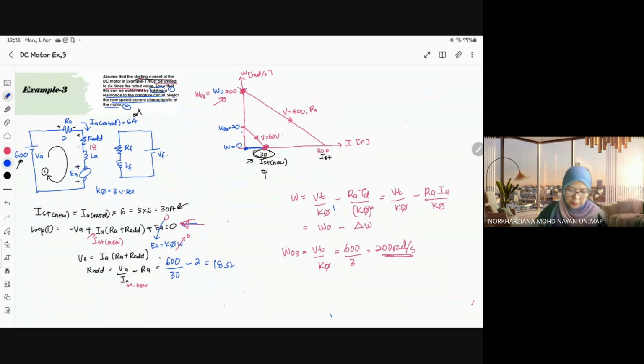So your new slope is this one, with the same VA but with RA plus RX. So there are two conditions here. Sketch the new speed current characteristic of the motor. The answer is actually like this.